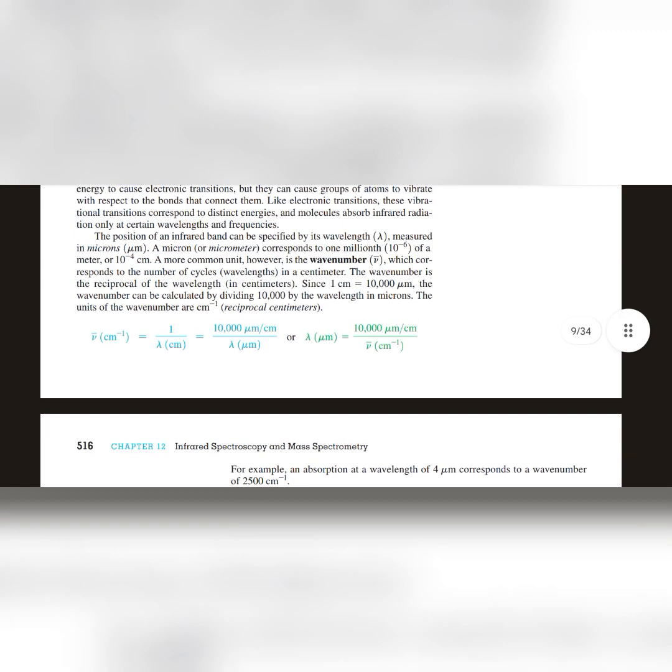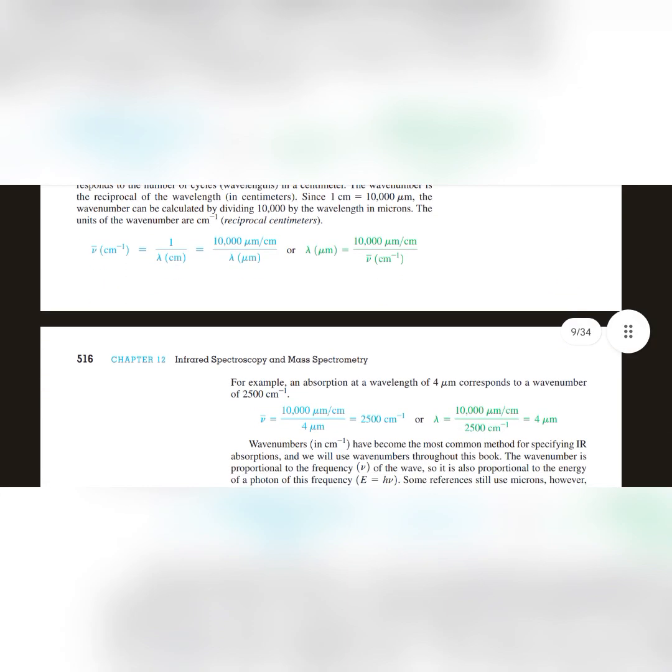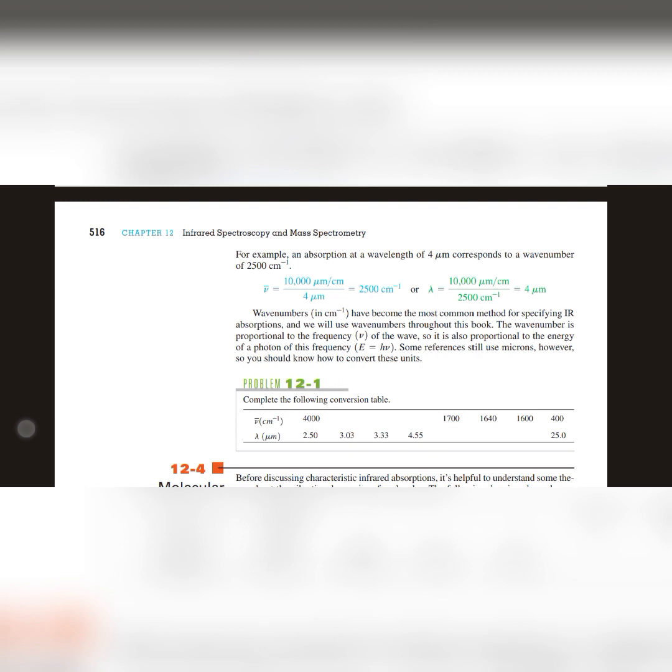Since 1 centimeter is equal to 10,000 micrometers, the wave number can be calculated by dividing 10,000 by the wavelength in microns. The units of wave number are inverse centimeters. For example, an absorption at a wavelength of 4 micrometers corresponds to a wave number of 2500 cm^-1.